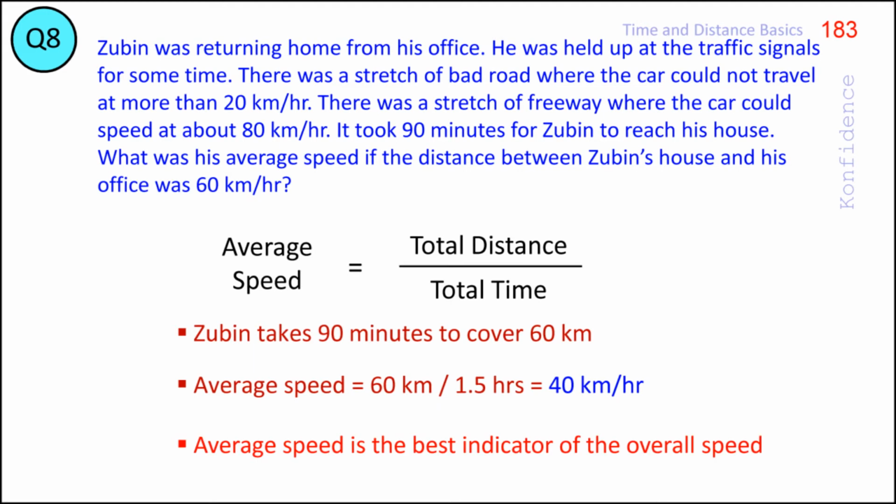In situations where speed varies during the course of a journey, average speed is the best indicator of the overall speed during the journey. It is that speed which, if the body had maintained throughout the journey, it would cover the total distance in the given time.